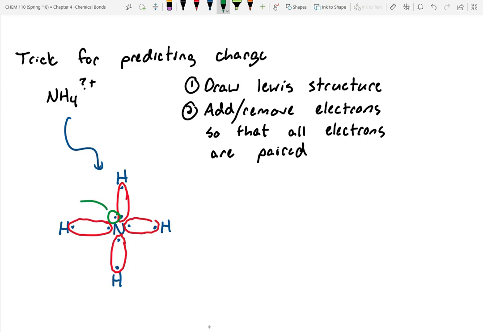So in this example, we could remove an electron in order to ensure that the nitrogen only has paired electrons around it. And when you do this, you can redraw your ion with all the bonding pairs. The nitrogen lost one electron. So this nitrogen must have a positive charge on it. So if you're ever stuck, you can always default back to the Lewis structures, draw it out, and say, oh, it has to have a positive one charge because that's the only way the Lewis structure makes sense. Does that make sense?